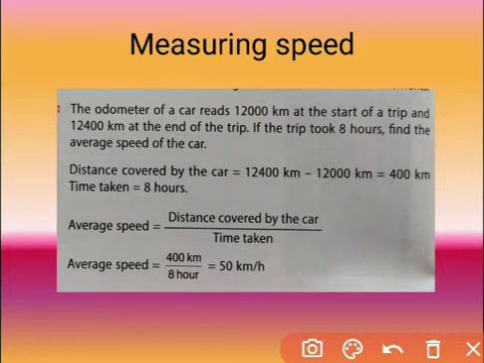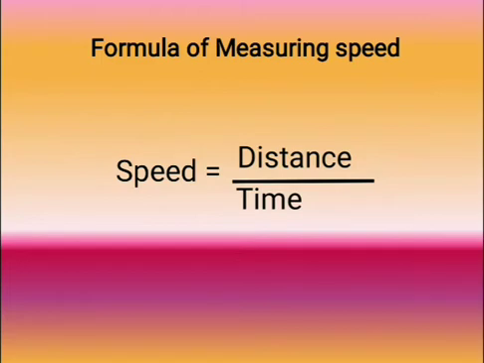So now let us put the values in our formula. Our formula says distance upon time, and the result is 50 km per hour. So our formula for measuring the speed is equal to distance upon time.